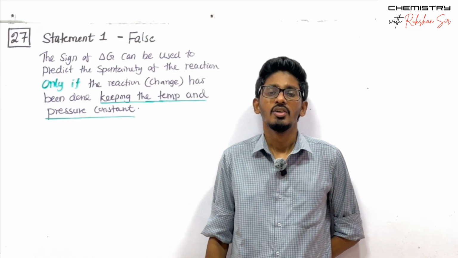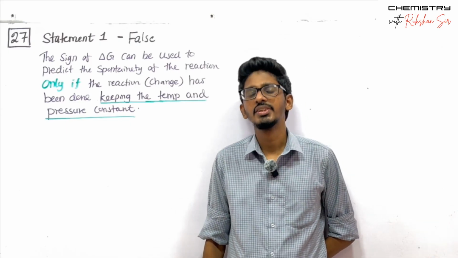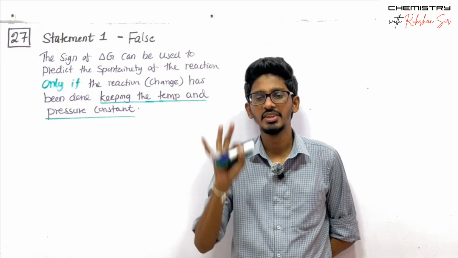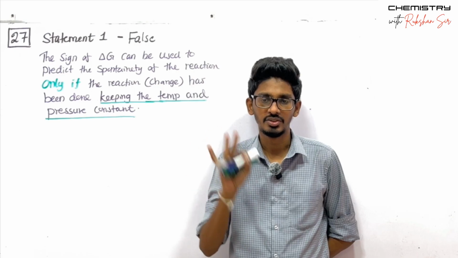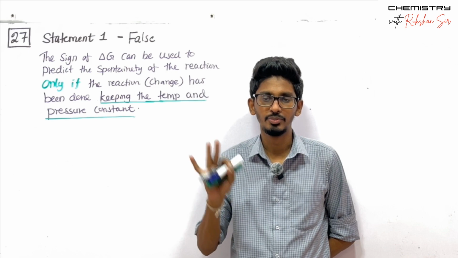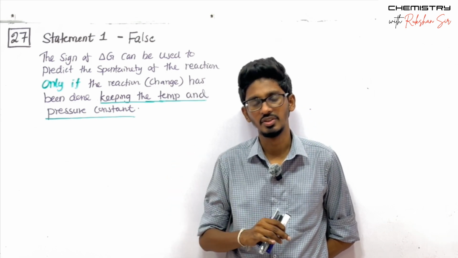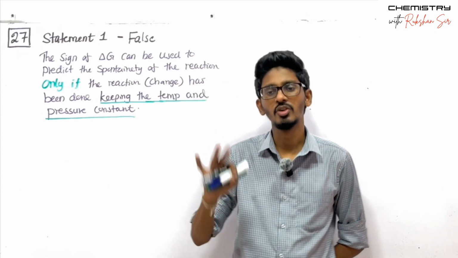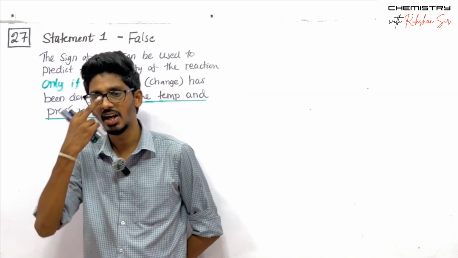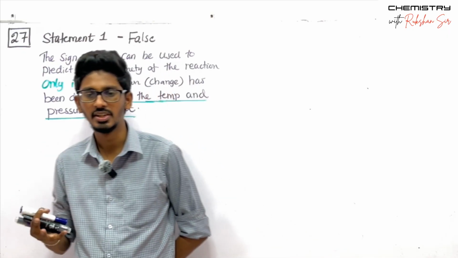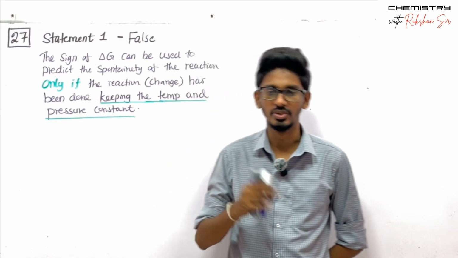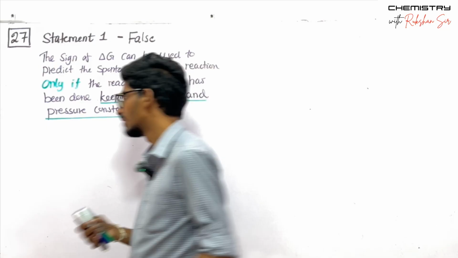Remember this short review: only if the change has been done at constant temperature and pressure can we comment on spontaneity by considering the sign of delta G. If not, we can't predict spontaneity by merely looking at the sign of delta G. That idea should be with you.